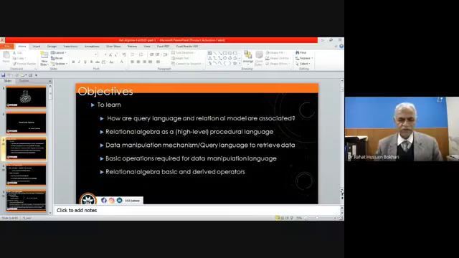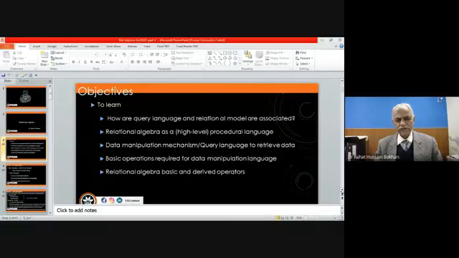For the relational model to be implemented, you need database management systems. Now what we have designed, we have to go for its implementation. In coming lectures, we will also learn structured query language.